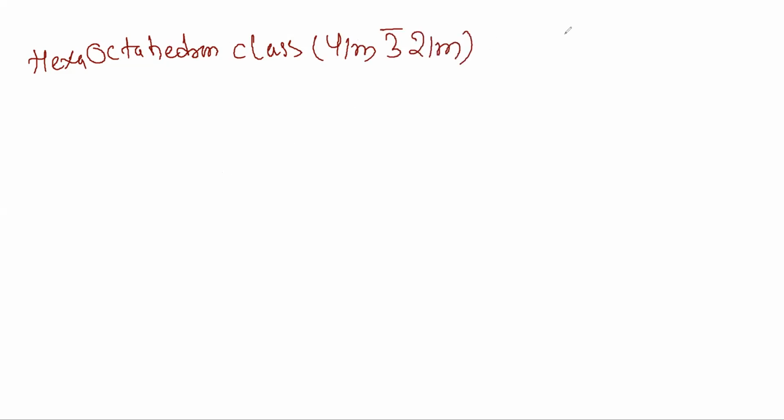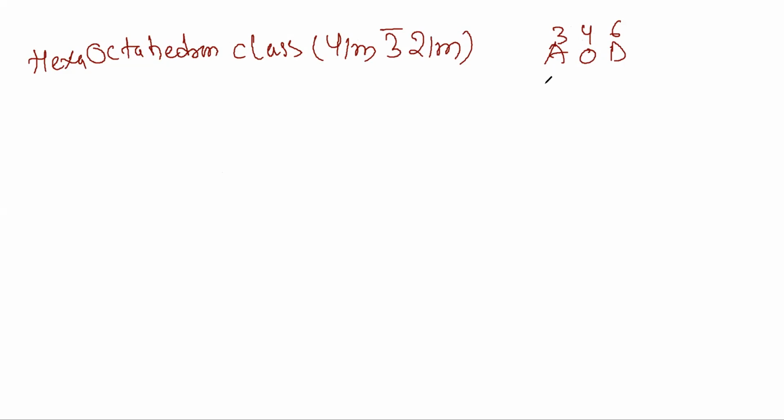And for symmetry elements, let's see here: A, O, and D, 3, 4, and 6. There might be a question in the examination: how many diagonals are there in the cubic system? Because this formula is for the whole cubic system. So we'll say 6 diagonals are there. How many octahedron positions? 4 positions. How many axes are there? 3 axes.